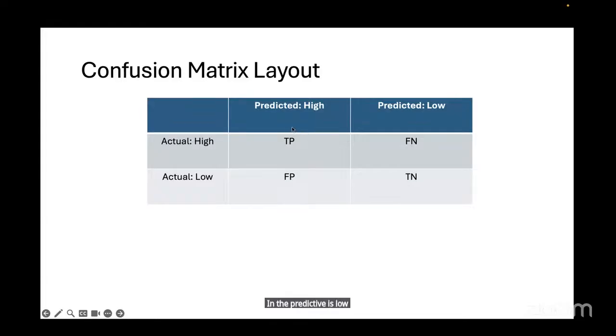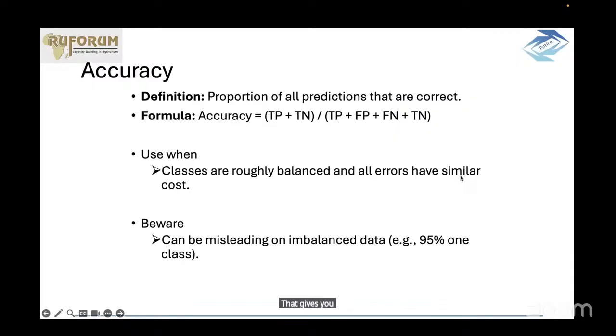So if you add what you counted here plus this one here, and divide by the total, that gives you your accuracy. So you always want accuracy to be a little higher, because it's capturing your true positive and your true negative.